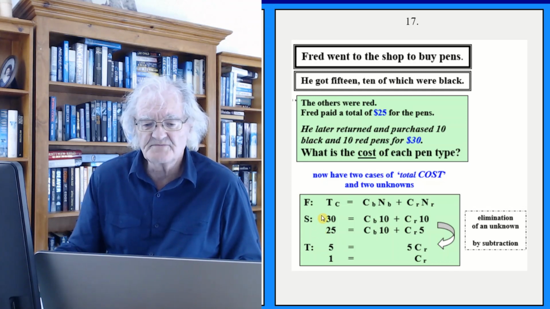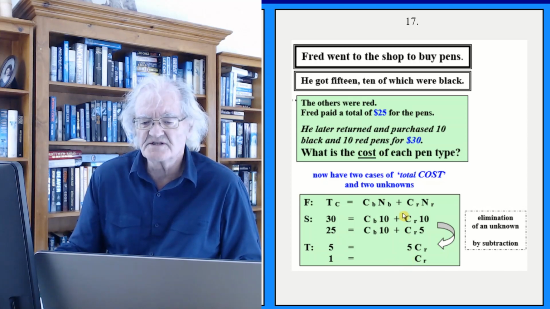But if we subtract the two equations, we find $5 is the cost of the additional 5 red pens. And once we have this equation, we can solve it. $1 is the cost of a red pen.